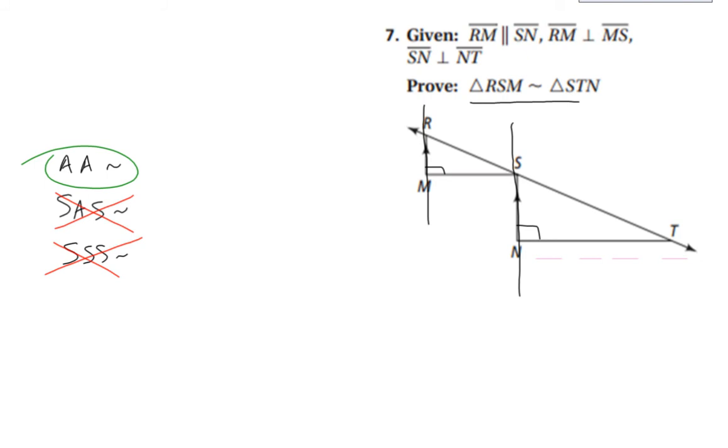How is that? Well, if I know that two lines are parallel, RM and SN, the first thing that should come to mind is the angles that are formed by the two parallel sides and a transversal. What transversal are we talking about? Well, RST functions as the transversal.